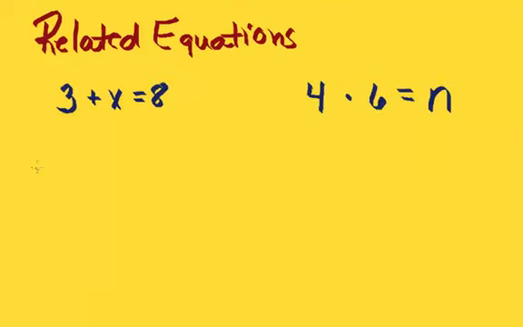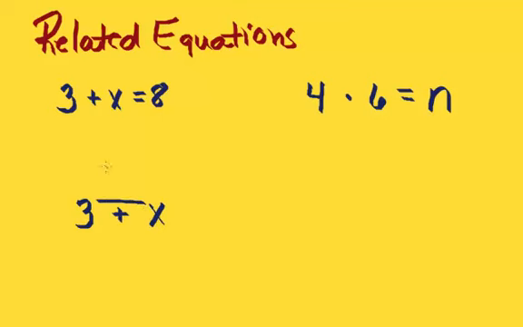Let's look just very quickly here at how to set up our triangles to find our related equations. If we have addition and subtraction, we want to find our related equations. So we're going to say 3 plus x at the bottom of our triangle.